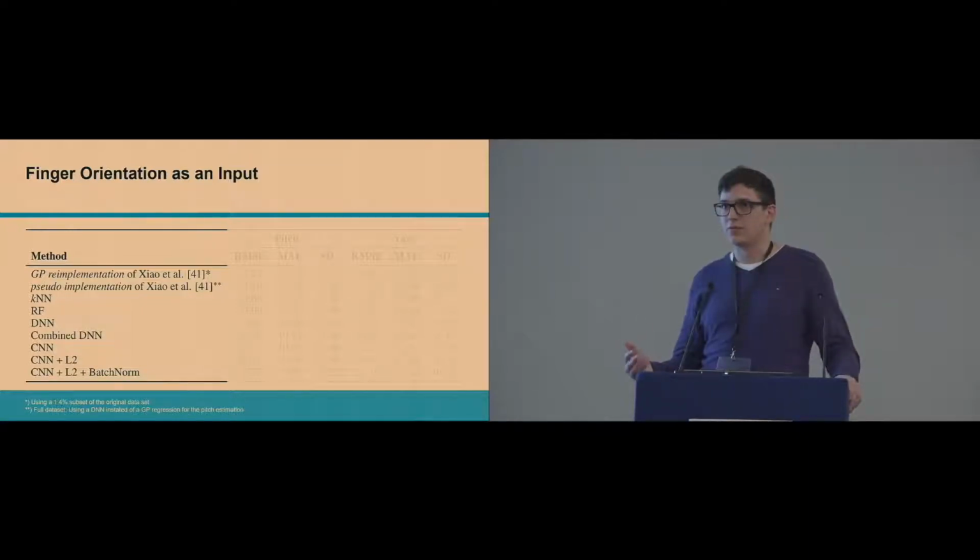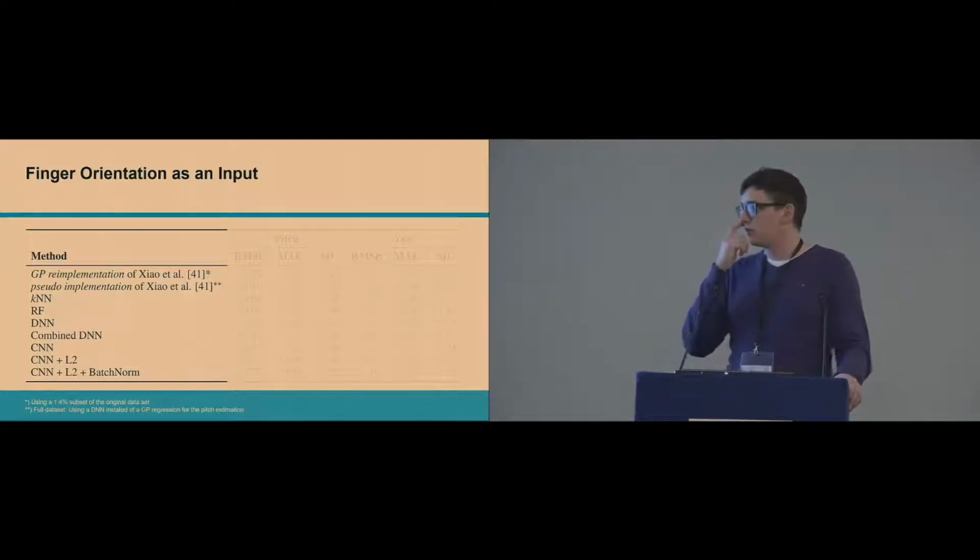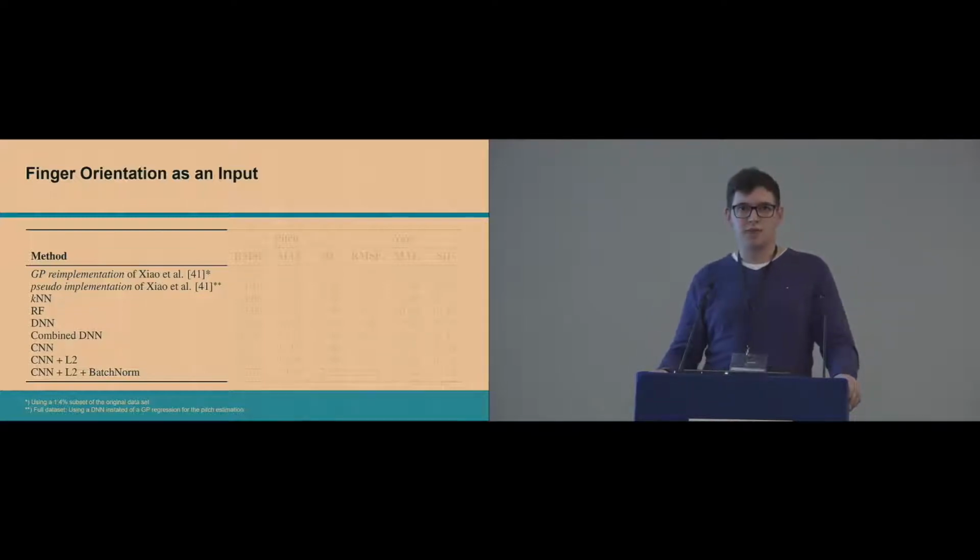This worked out for our implementation. So we have this Gaussian processes re-implementation, and then additionally, to make use of the big data set which we recorded, we swapped out the Gaussian processes learning and used a deep neural network.